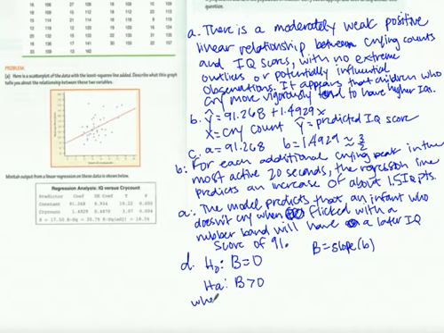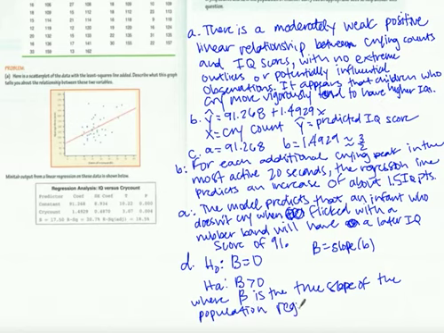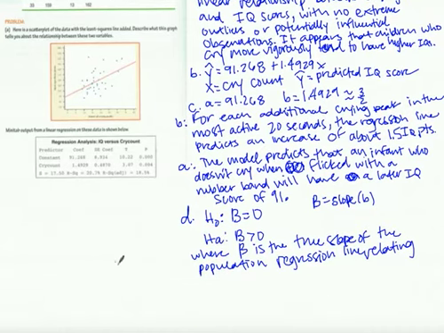And so it's also important that you word that here to say where beta is the true slope of the population regression line relating crying count to IQ scores.